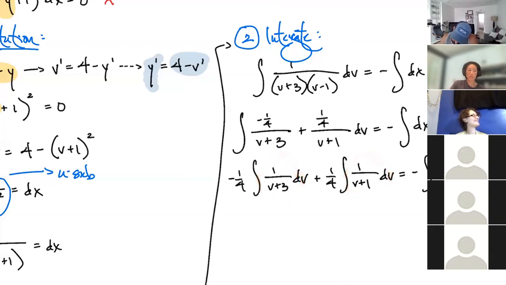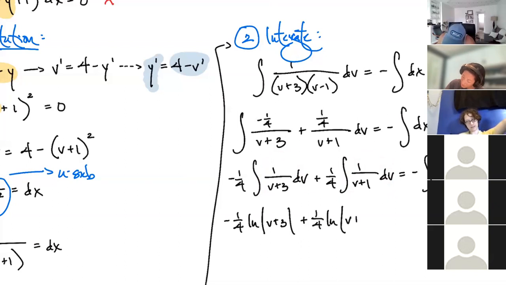With a very simple u-sub, those integrals are just equal to the natural log of whatever the denominator is. So we get negative 1/4 natural log of v plus 3, plus 1/4 natural log of v minus 1, equals negative x, let's see, the integral of 1 is x, plus c.